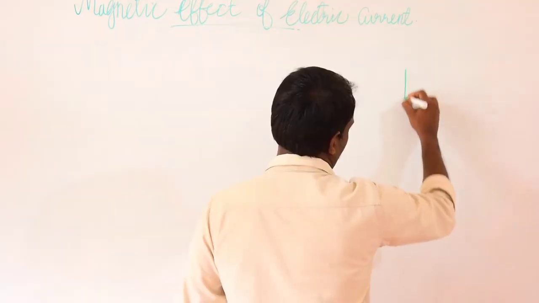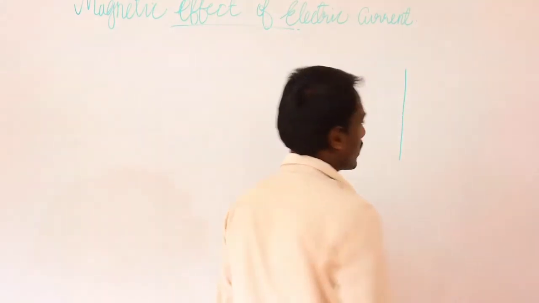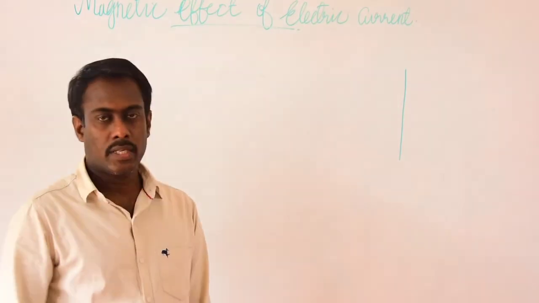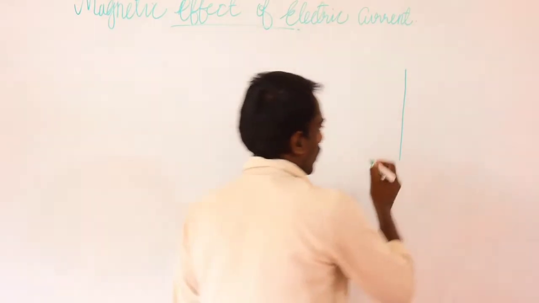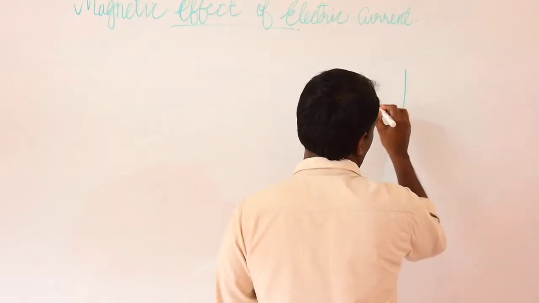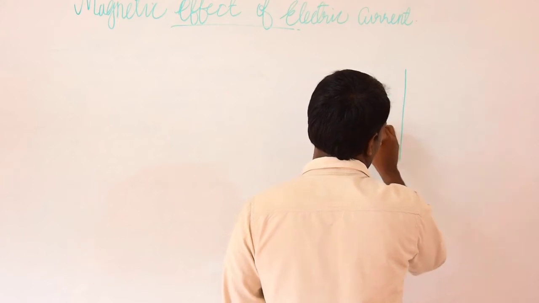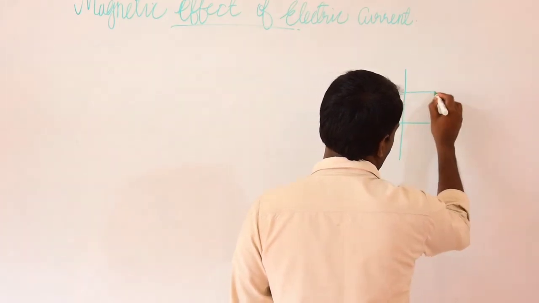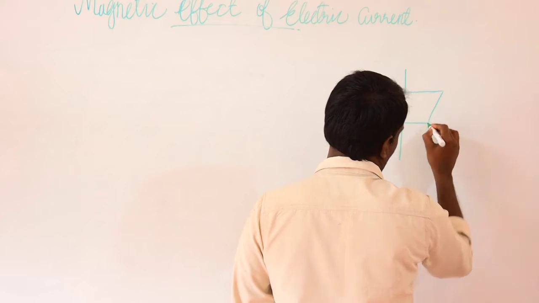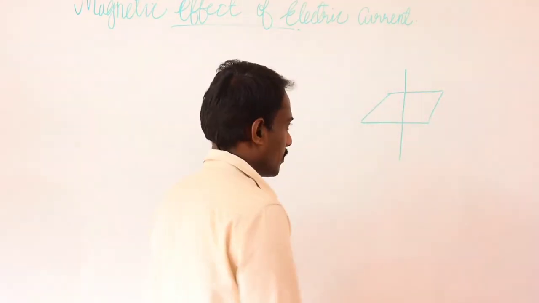A long conductor, usually a copper wire, is placed vertically on the plane of a paper.